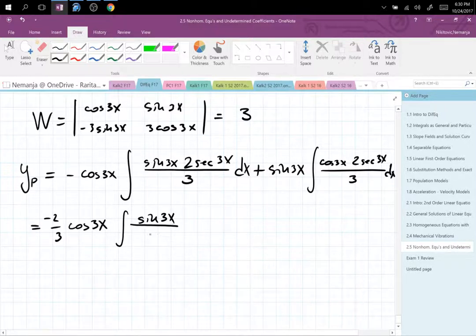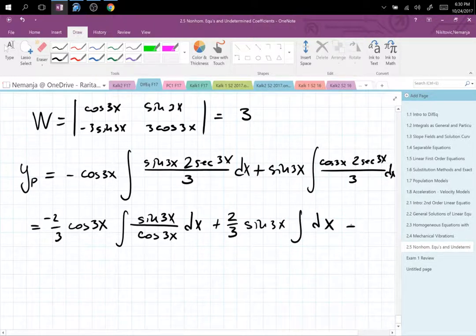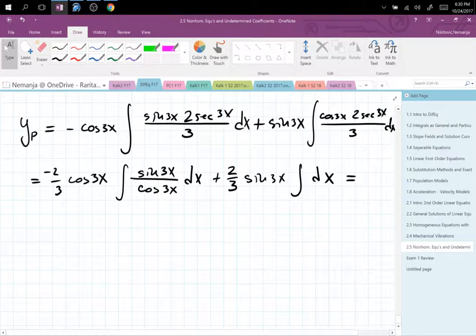Yeah, we'll use the substitution. But I'm not going to write it as tangent because the substitution is not clear. Yes, use substitution. And cosine cancels.